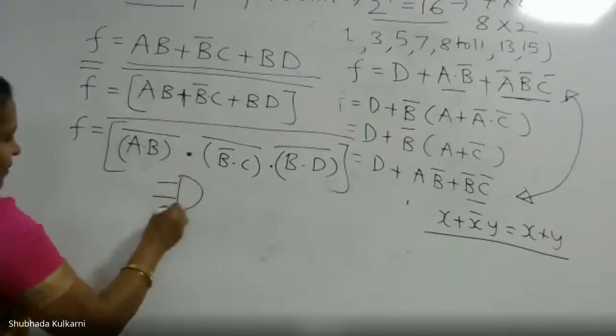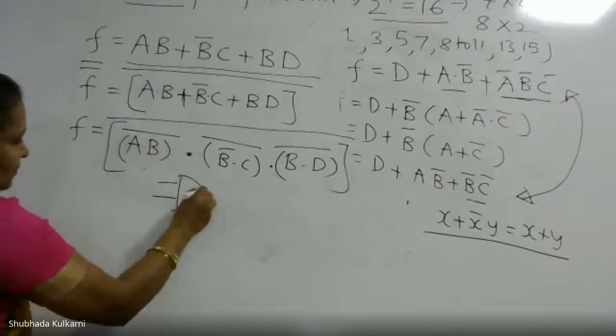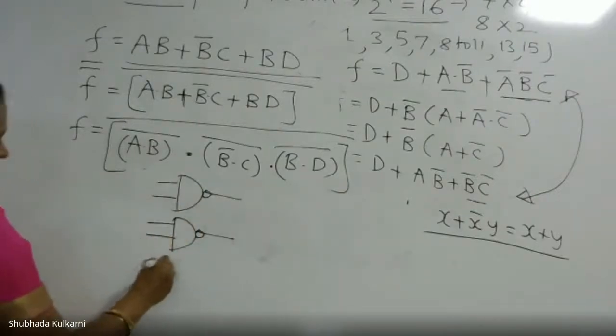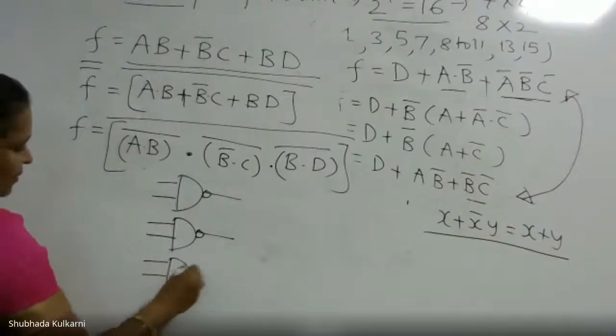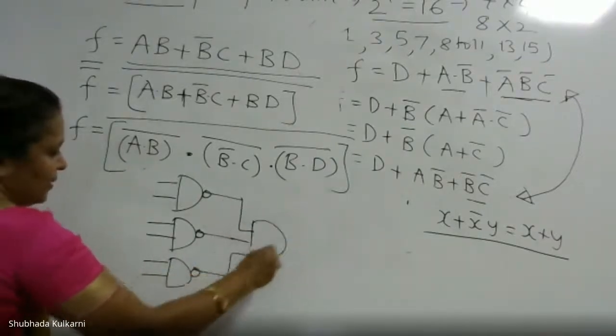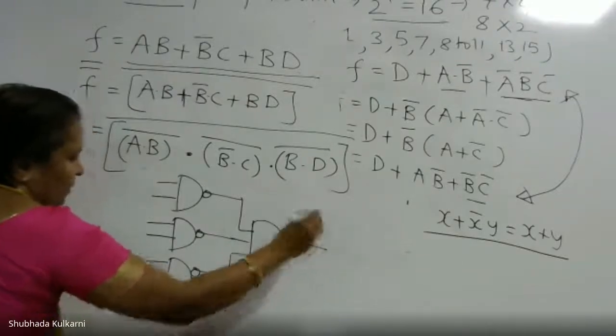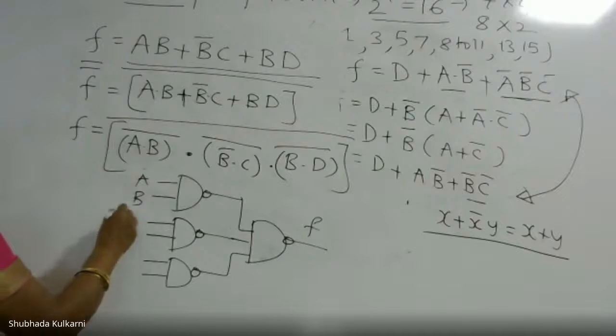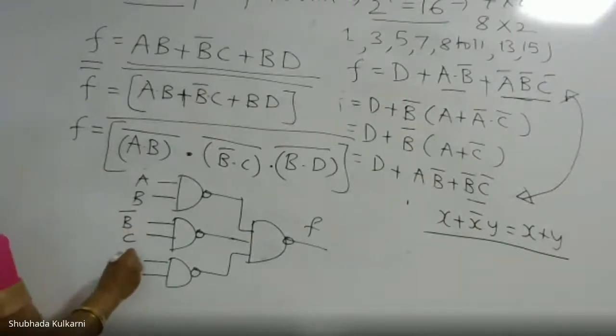One NAND gate for the first product term, second NAND gate for B bar C bar, and third NAND gate for BD, and one more 3-input NAND gate for the Boolean function. So here it is AB, the variables are B bar C bar, and here BD.